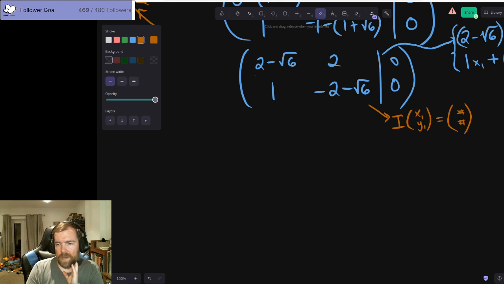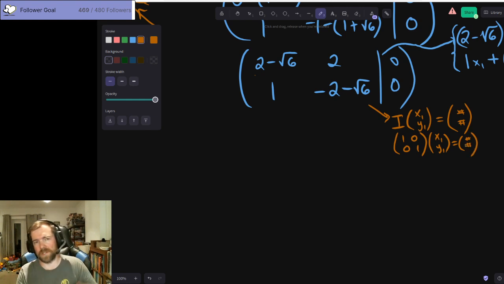So in order to get our identity matrix, this is going to be a 2 by 2. We need 1, 0, 0, 1 as our goal, times x1, y1 equal to those two numbers, which of course will be the solutions to our system of equations.